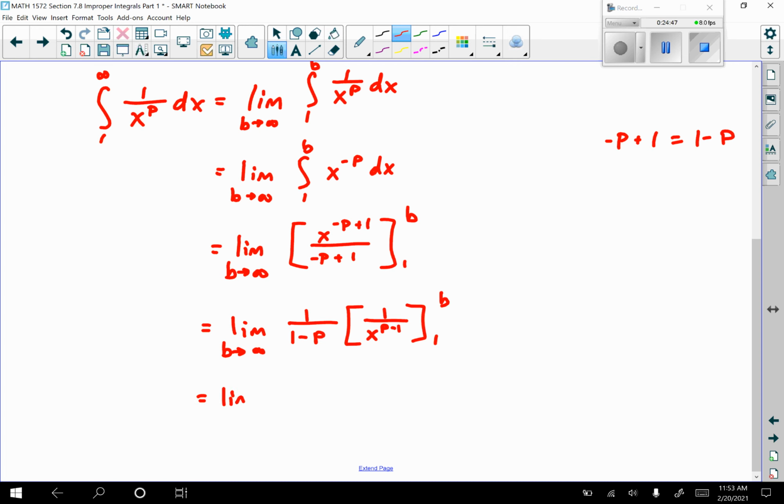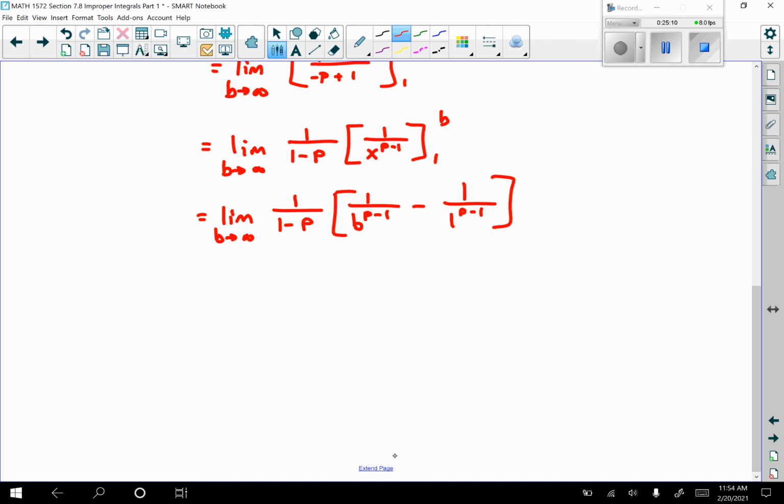So now this becomes the limit as b approaches infinity of 1 over 1 minus p. And as I use the fundamental theorem of calculus, we'll have 1 over b to the p minus 1 minus 1 over 1 to the p minus 1, which will just be 1 here.